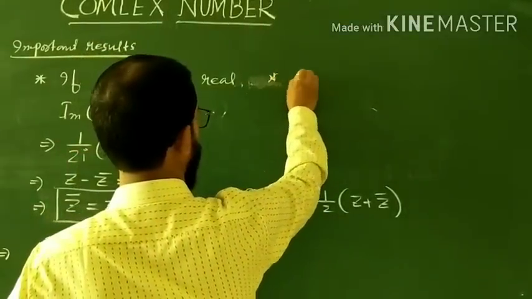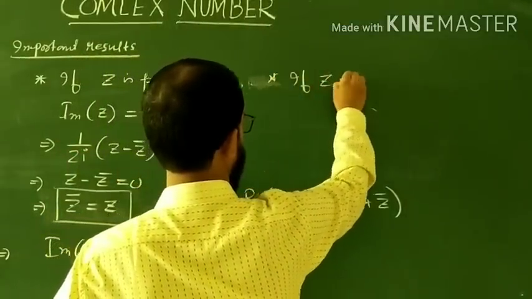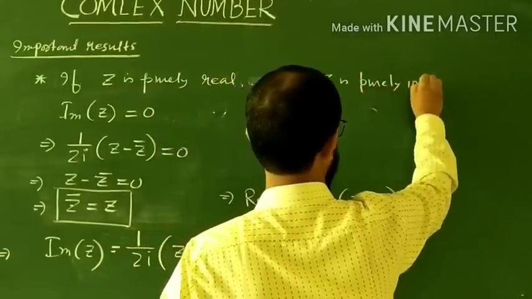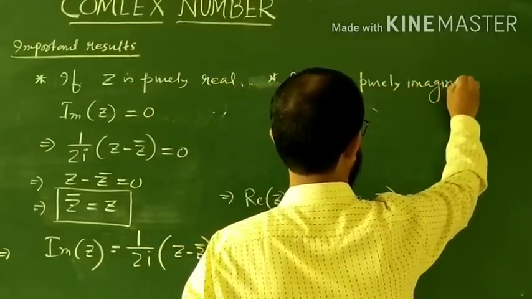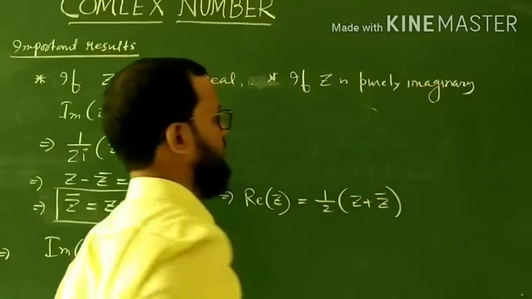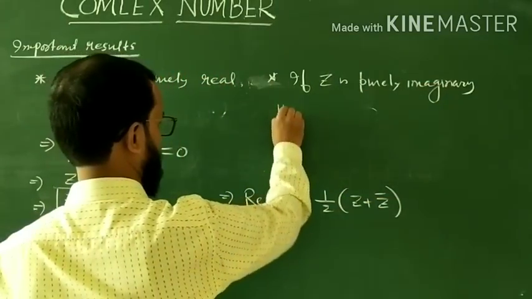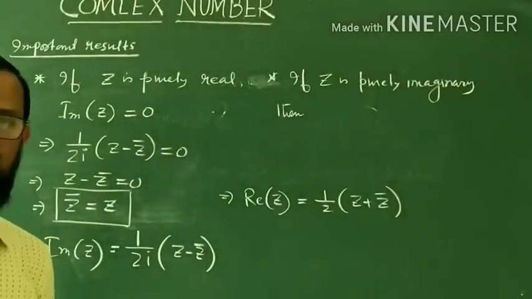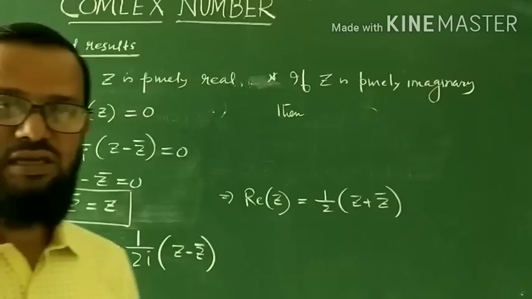Next point: if z is purely imaginary, then its real part equals 0.